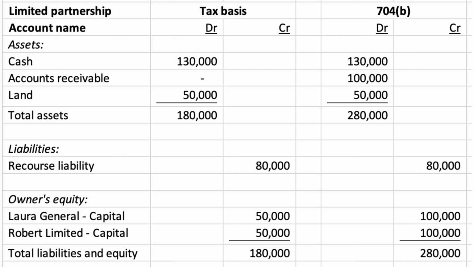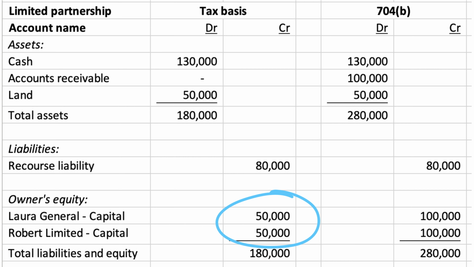Let's start with cash distributions. In this example, we have a limited partnership with two partners, Laura General and Robert Limited. As a general partner, Laura is allocated 100% of the recourse liabilities, and Robert is allocated none. Their tax basis capital accounts equal their net invested capital in the partnership.